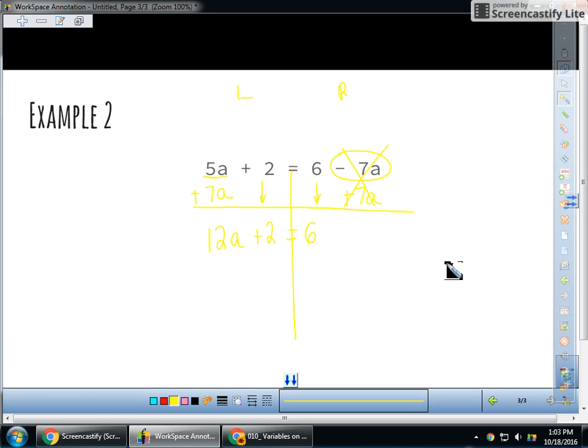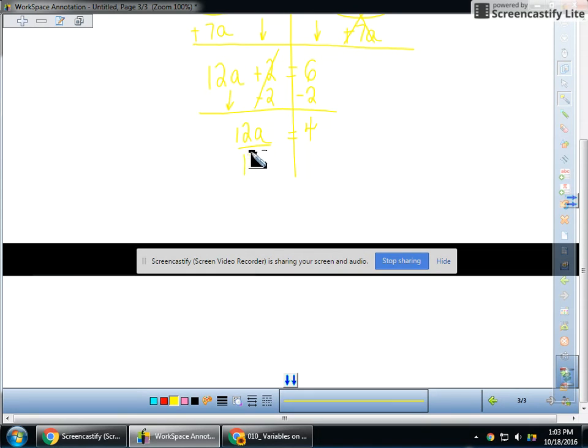So I take my plus 2, and I move it by subtracting. So I'm left with 12a equals 4. I divide by 12, and I divide by 12. So a equals 4/12, or if you do this in your calculator, it will reduce to 1/3.